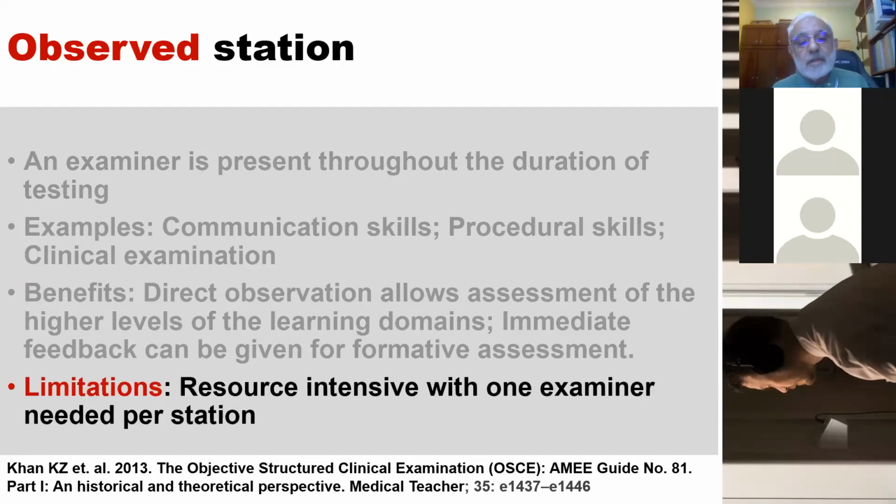But of course, it is resource intensive. For each station, you need an examiner. If you have, let's say, 18 stations in one circuit, you need 18 examiners. And many times we need to have more than one, and sometimes several circuits.